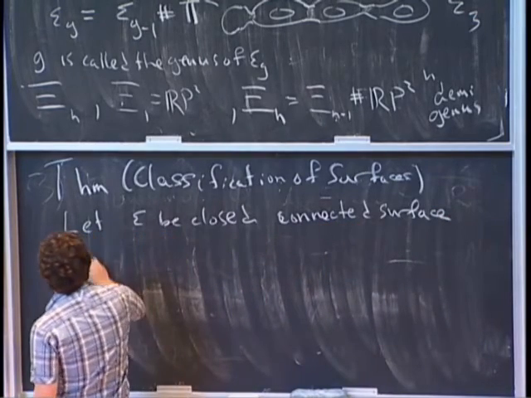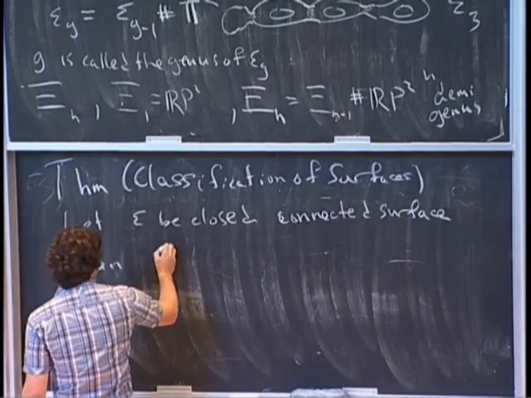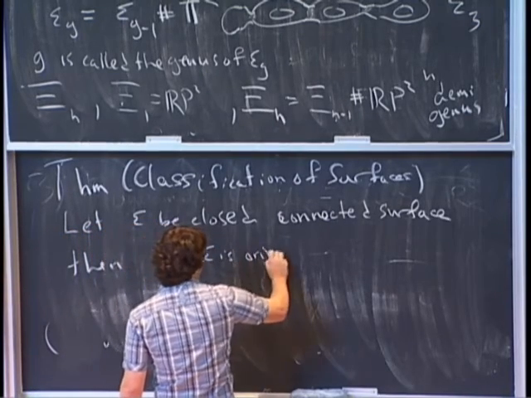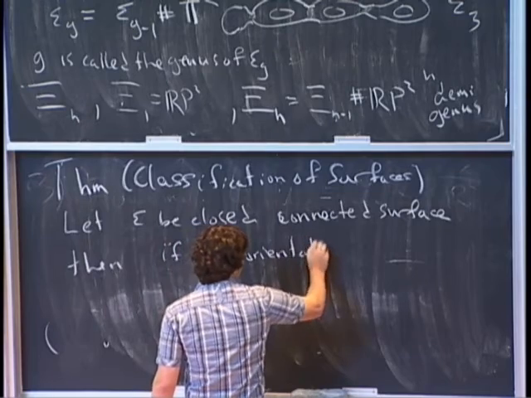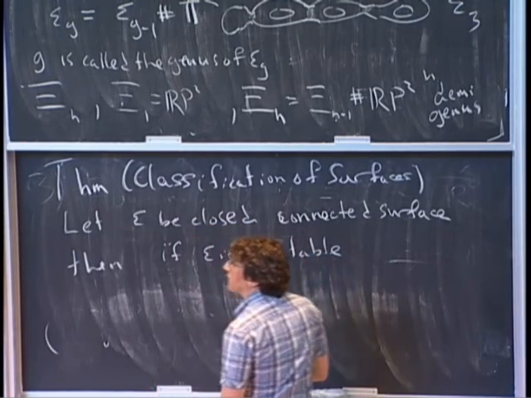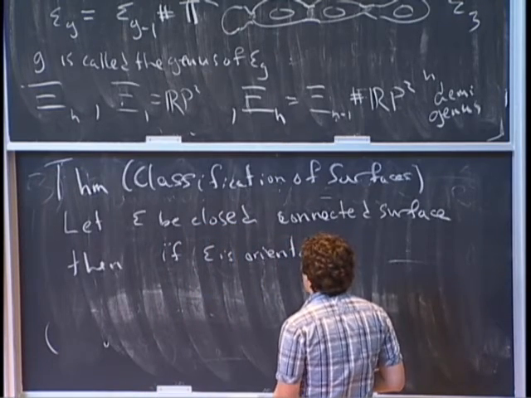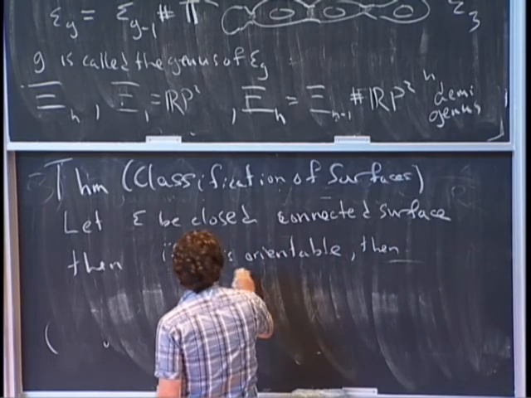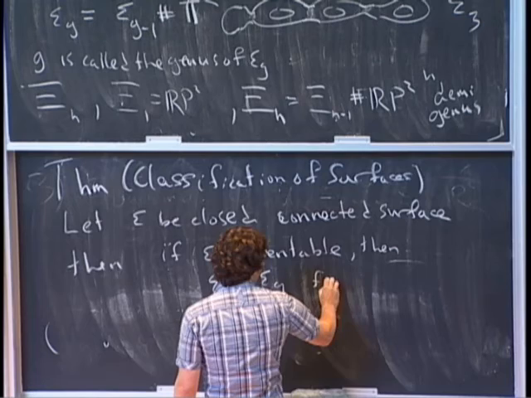Then if sigma is orientable, so in other words, if it admits an orientable atlas, then sigma equals sigma g for some g.